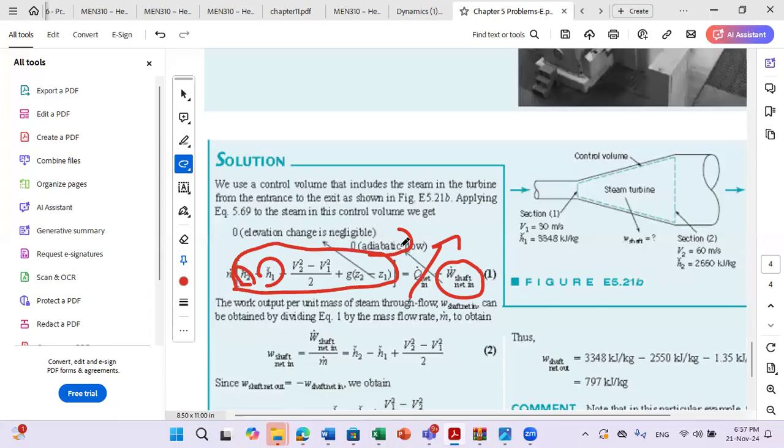And they gave you also the velocities at sections 1 and 2. In general, we used to neglect these terms, if you remember. We said that in turbines, variation in potential and kinetic energy are negligible compared to variation in enthalpy. But in case they gave you velocities, you can evaluate these terms, but they will be much smaller than the variation of enthalpy of the fluid.